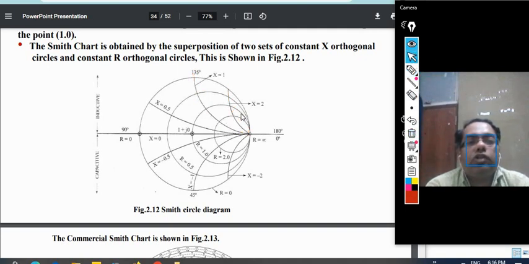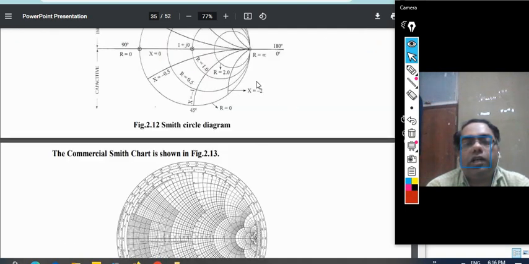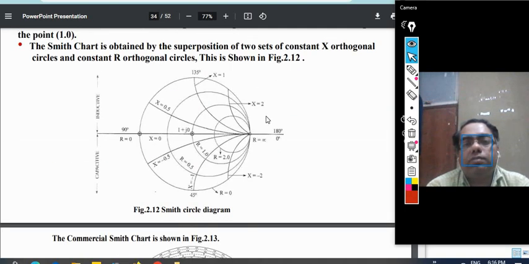Now let us try to understand some typical points that are represented by this Smith chart. Remember one thing, these are the constant R and X circles. The x-axis is the real part of the reflection coefficient and the y-axis is the imaginary part of the reflection coefficient on which these Smith chart circles are created.